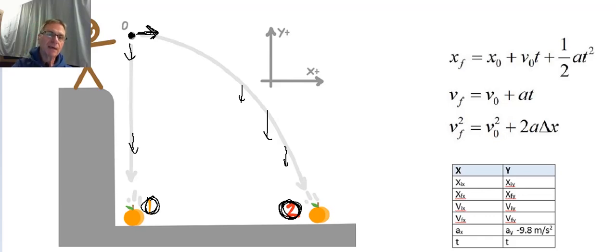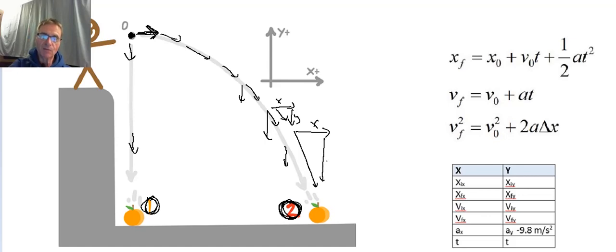But quickly, it starts having both an x and a y component, because while the peach is certainly still traveling in this direction, it's also traveling in the y dimension as well. So it's got both an x component and a y component, and here is the combined components of the velocity going down until it hits the ground.